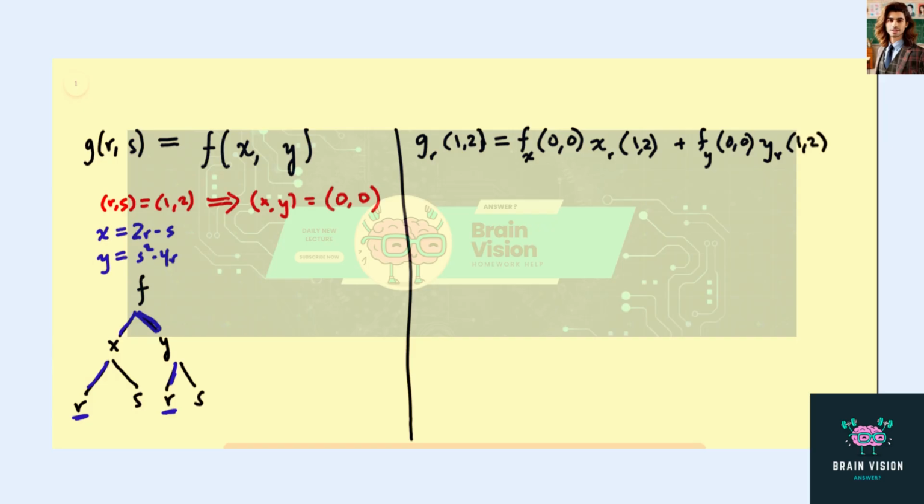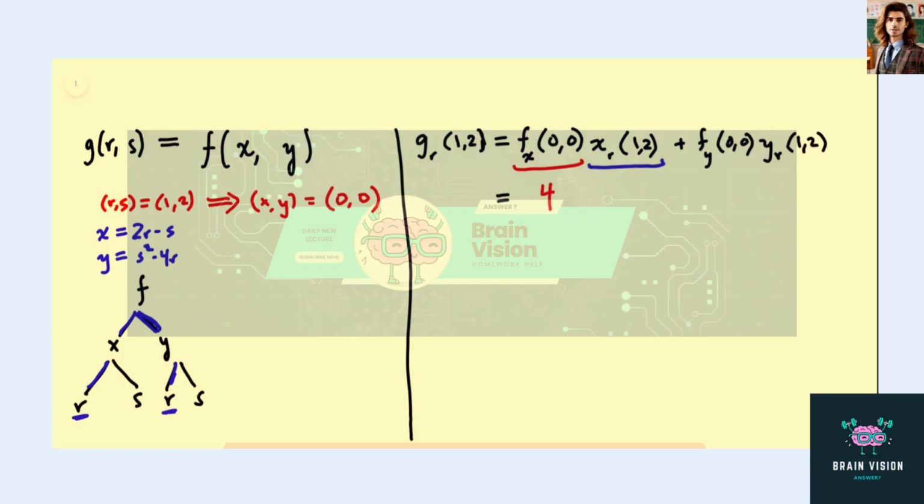Okay, so let's see what we can do. F partial x at the point 0, 0, well, we can just take that off of the table. If we look at the table they give us, that comes out to 4.